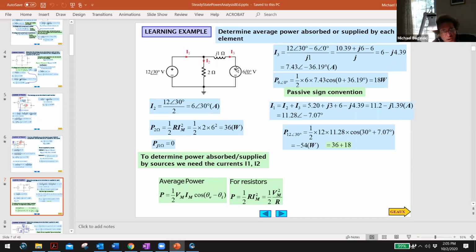But you can see it's flowing in. So there'd be a negative sign in front of the magnitude, angle of I3 times magnitude of the voltage times angle of voltage. So there's a minus sign associated with this. And then the average power would be the cosine of the angles between them times Vm, Im, and it would be minus here.